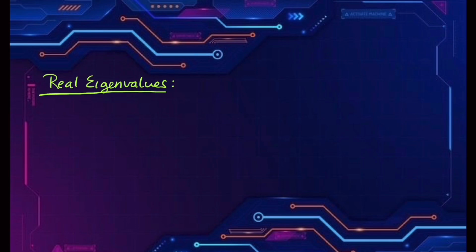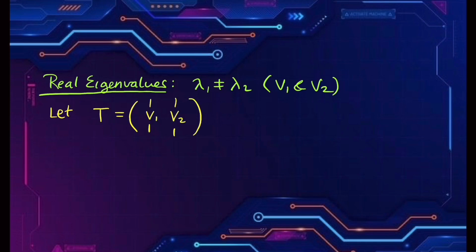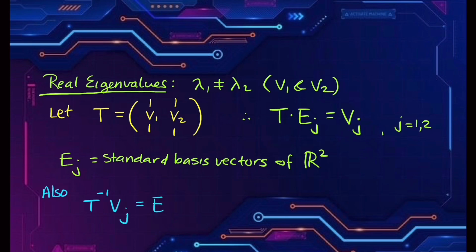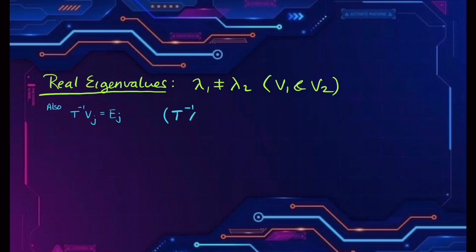Alright, let's start with some real eigenvalues that are distinct, not equal to each other. They have associated with them their eigenvectors, v1 and v2. Let's take those eigenvectors and create the columns for our matrix T. If we apply our linear map to a standard basis vector Ej, we get our eigenvector Vj. Also, if we apply the inverse map T inverse to Vj, we get the standard basis vector Ej back.